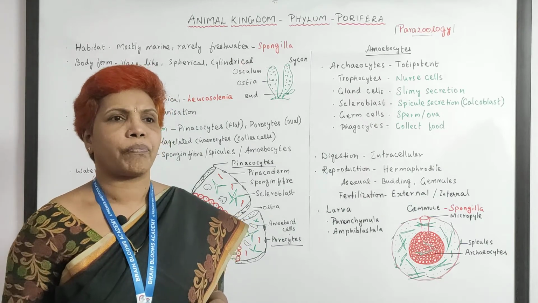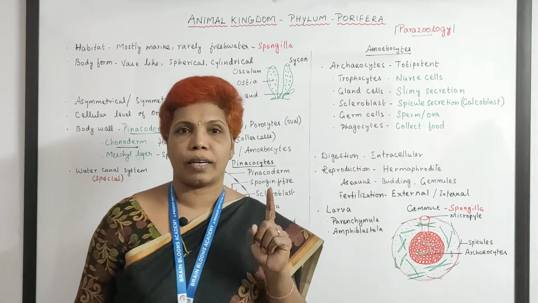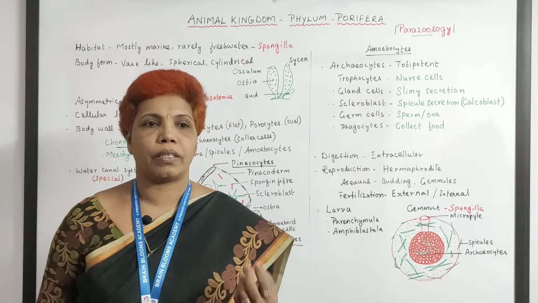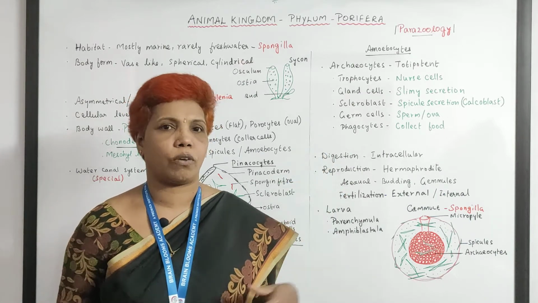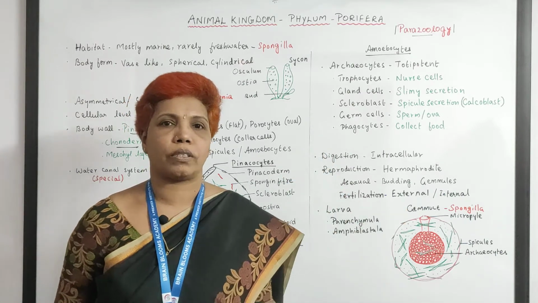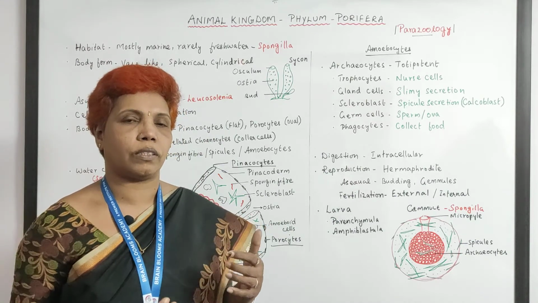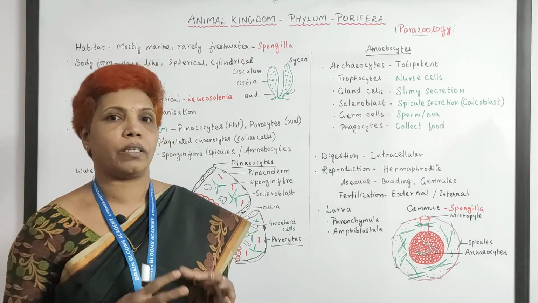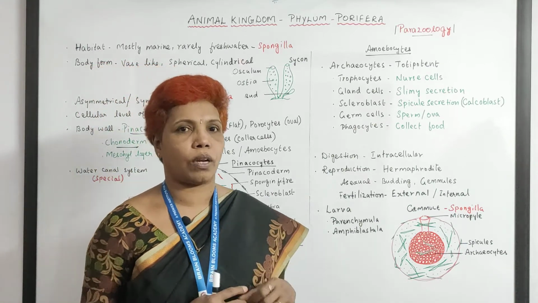So both happen. When it comes to development, it is not direct development, where simply the young one comes out like a sponge. That happens in the case of budding or gemmules. But here it has to undergo different stages. The most frequent larvae are the parenchymula larva and the amphiblastula larva.